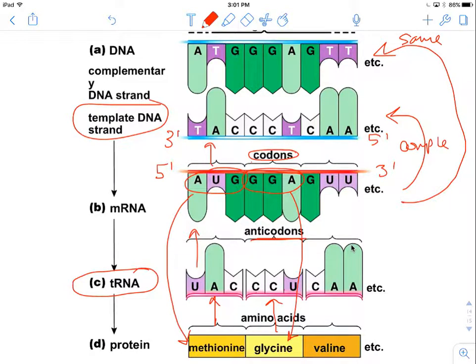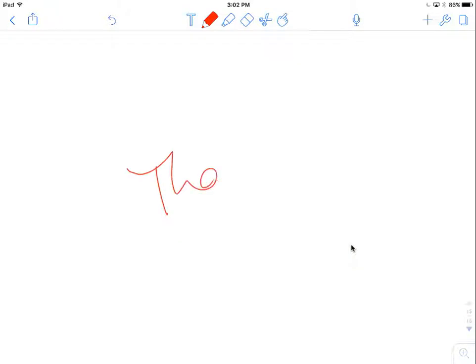And while the tRNA is complementary to the mRNA, the tRNA is the same as, this is getting very complex, the template strand. So just think about it like every other one is complementary, the same, complementary, the same. All right, hopefully that didn't confuse you, but you can use these precepts to move back and forth. And that's all. Next screencast is translation in more detail, so go get that one.